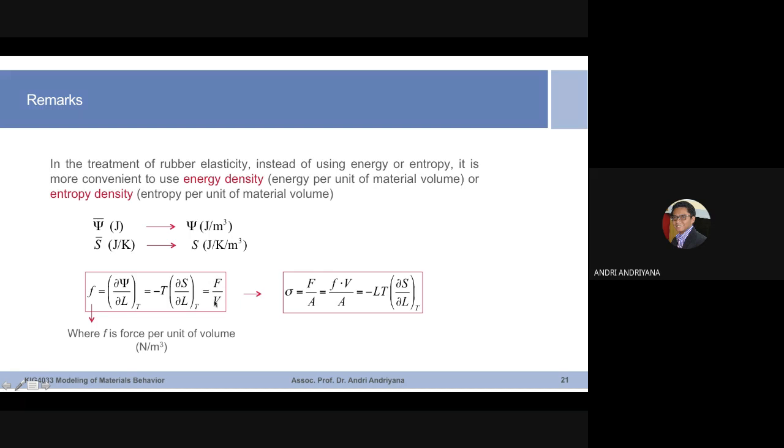So when we calculate the stress, sigma equals F over A, it is equal to small f times volume over A. Volume over cross-section is the length. So it becomes minus the length times T dS dL from these equations. So this is how we are going to develop the stress-strain equations for rubber.